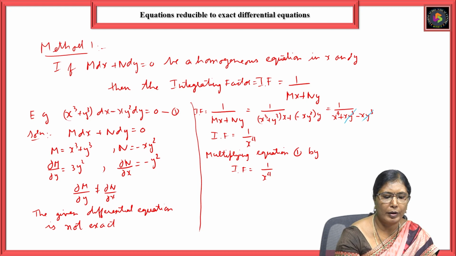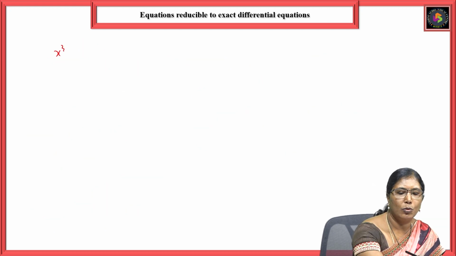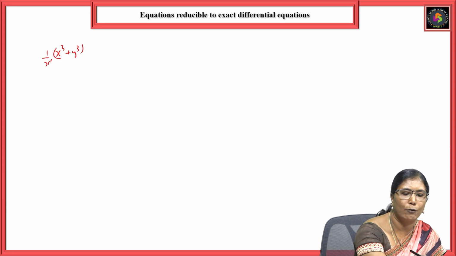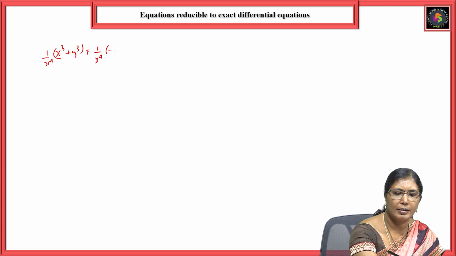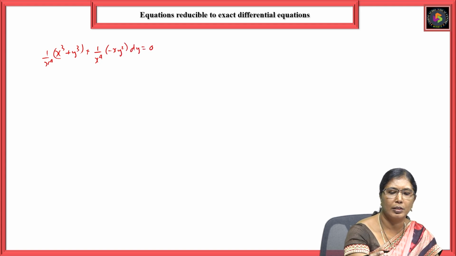Now what do you get here? x cube plus y cube into 1 by x to power of 4 dx minus x y square into 1 by x to power of 4 dy is equal to 0.